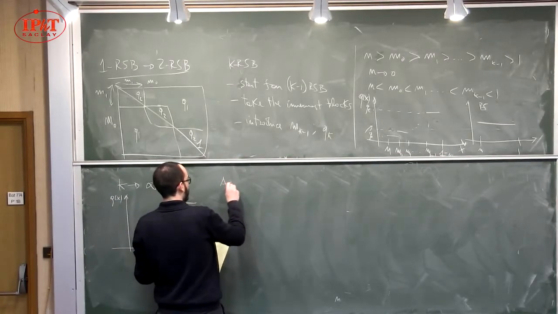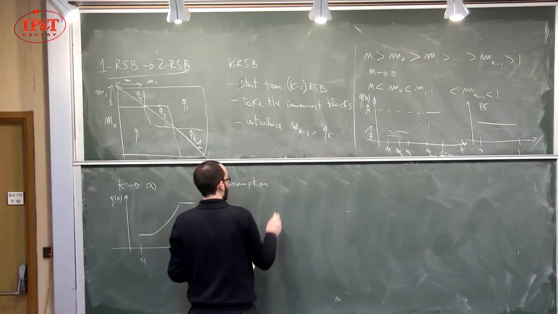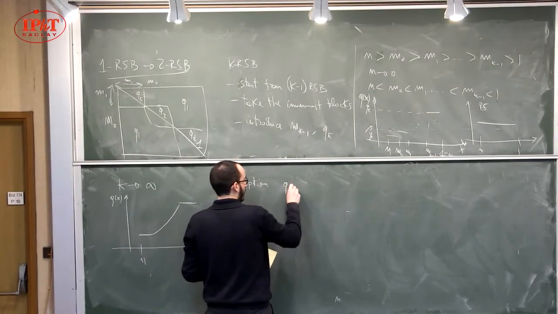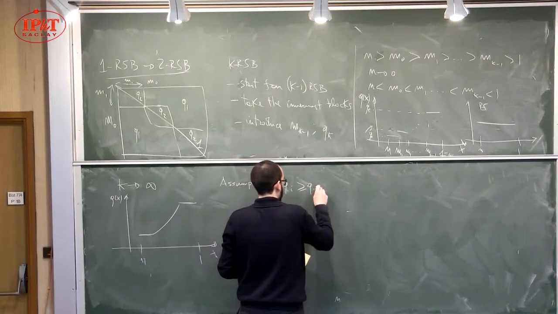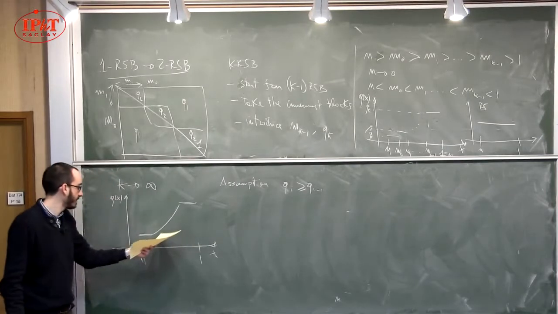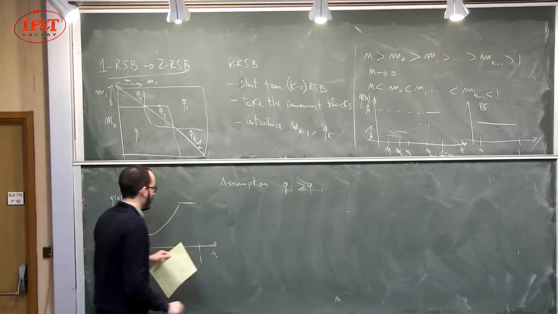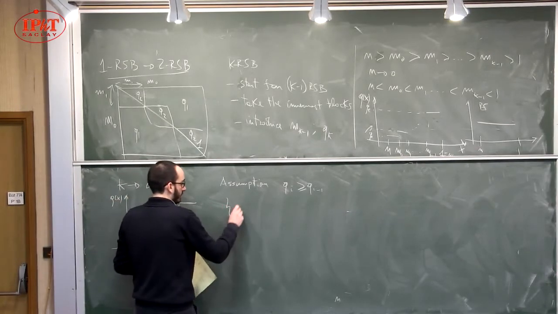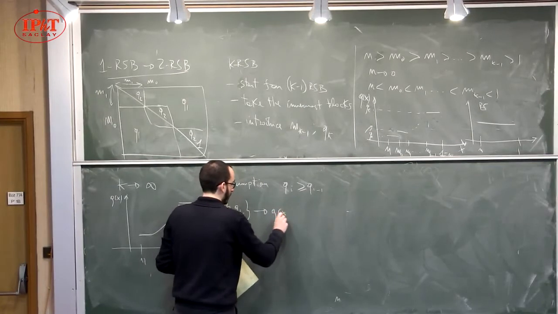So the assumption is that q_i is always greater or equal to q_{i-1}. And this just gives you an increasing function q of x. Okay. So you go from the set of q_k to a function q of x.